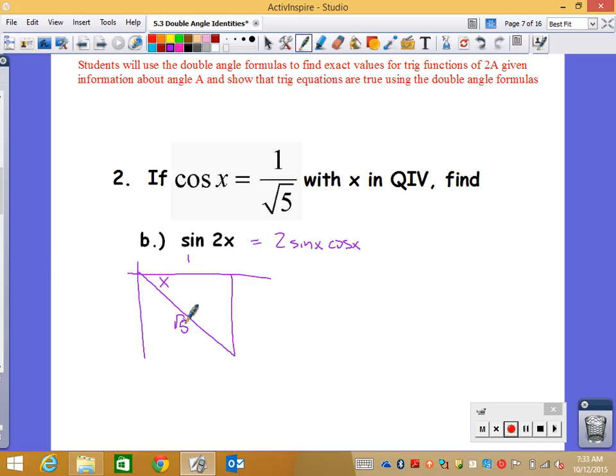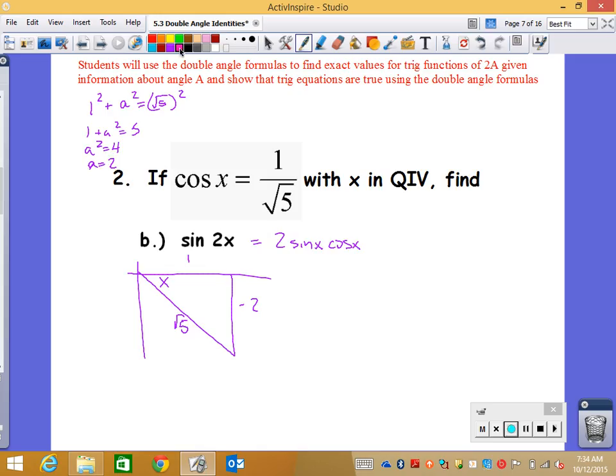Well, we can use the Pythagorean theorem, and we get that this is negative 2. If you can't see that off the top of your head, this is 1 squared plus, we'll call it a squared, equals root 5 squared. So we get 1 plus a squared equals 5. A squared is 4, so a is 2. We're in the negative direction.